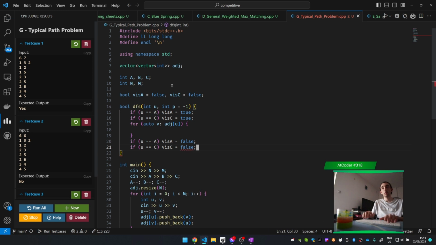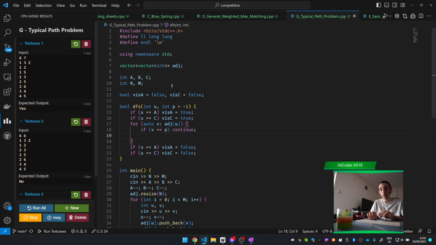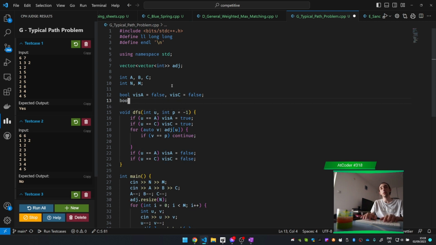Because we already know that we first visited B, then we go down here, we visit something like first we visit A, then if the parent wants to continue here, so okay, I will write void here, and then I will say bool answer is false.